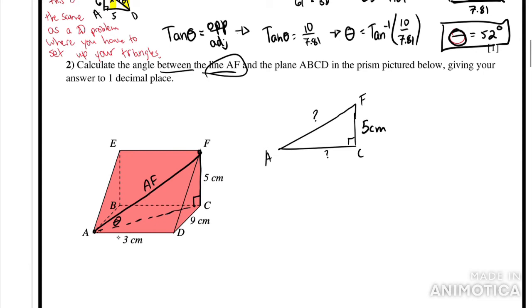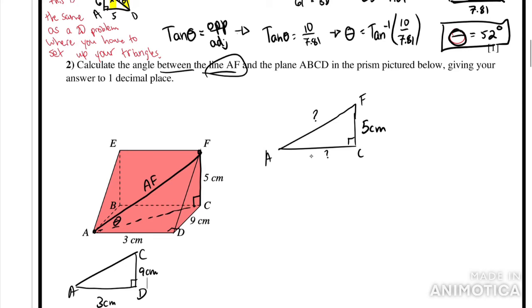And if I look towards my base, on the bottom, I have a right triangle that goes A to C to D. I have 3 centimeters and 9 centimeters.